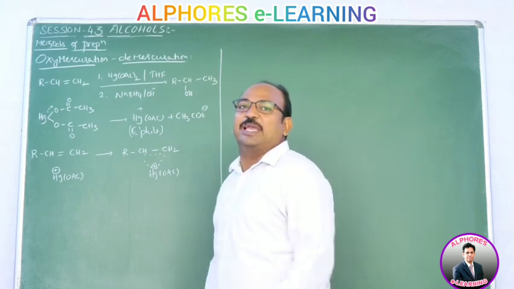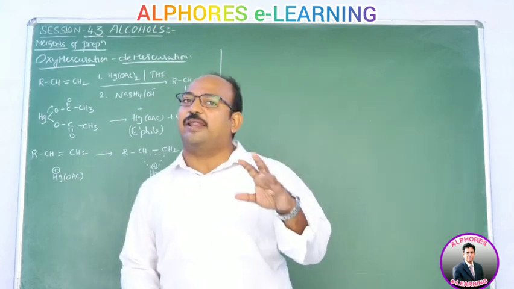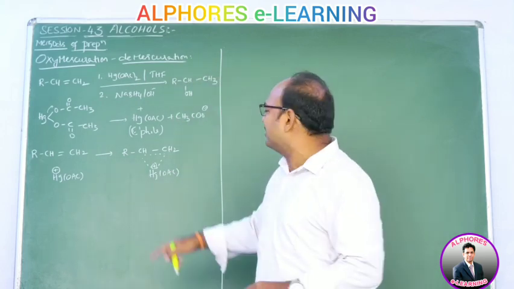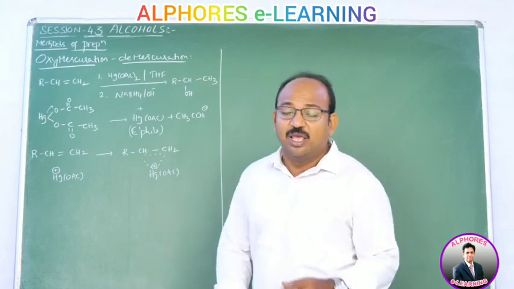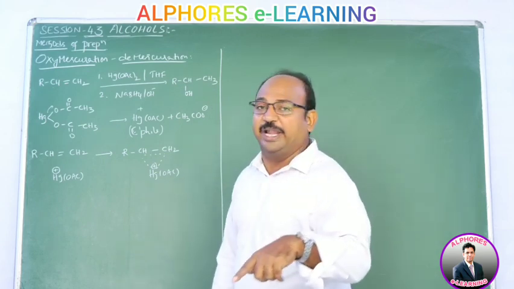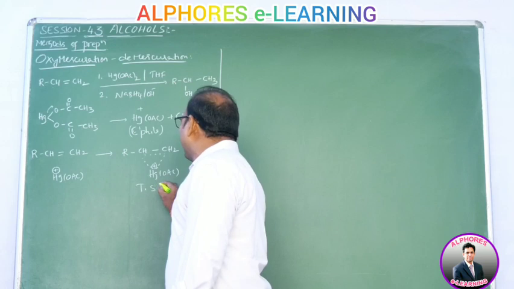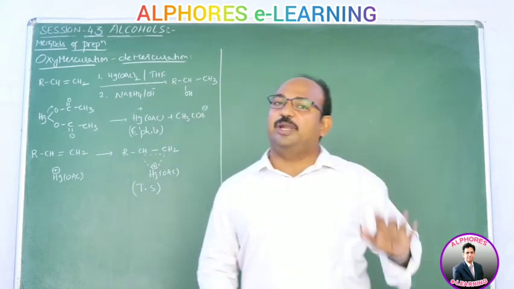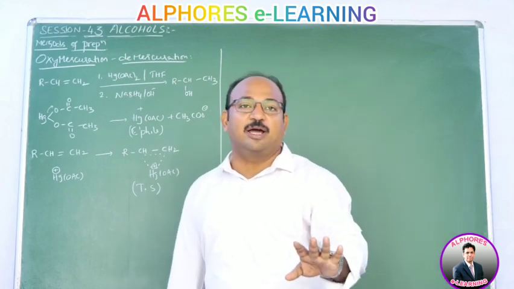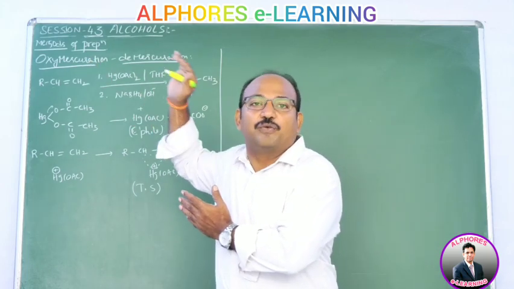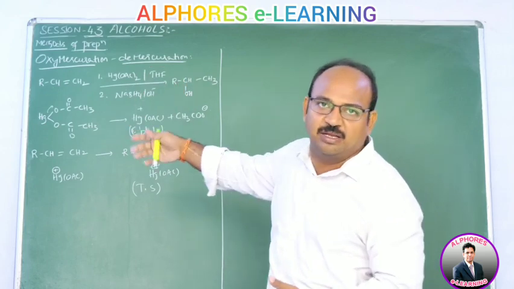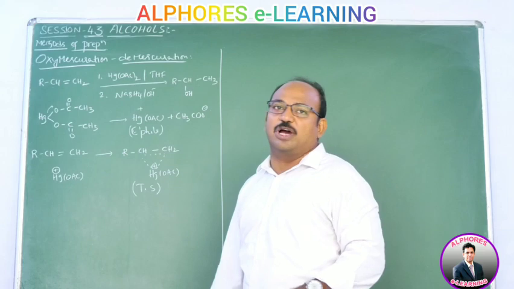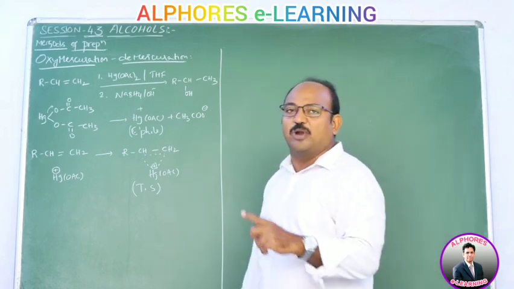In the previous mechanism, acid-catalyzed hydration of unsymmetrical alkenes, we did not write such an intermediate or transition state. There we wrote a carbocation intermediate, but here there is no formation of carbocation; we get only a cyclic three-membered mercurinium intermediate. That is the major difference between acid-catalyzed hydration and oxymercuration-demercuration. Since carbocation forms there, you may get a mixture of products.